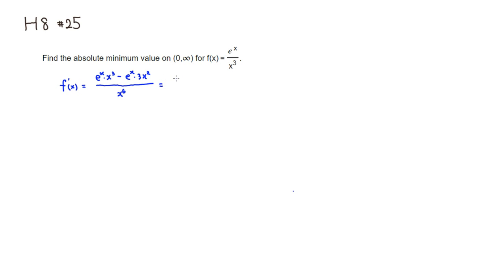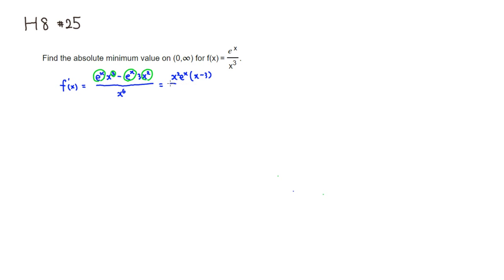All right, so we can pull out the common factor. x squared would be in common, and also e to the x is in common. If you do that, you can see e to the x is pulled out, and x squared is pulled out. What's left is just x minus 3.